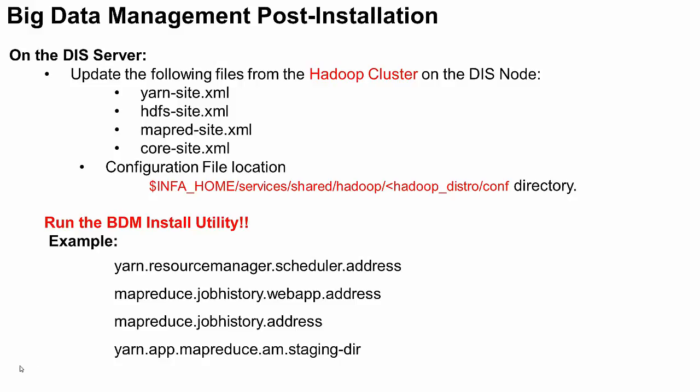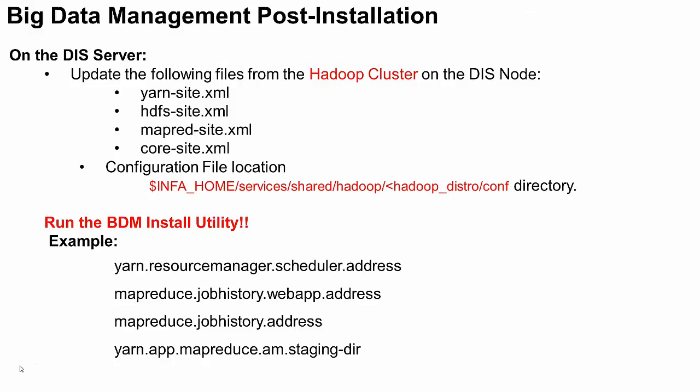But in 10.0, and in 10.1, we've added this BDM install utility, and this utility will go out to your Hadoop cluster and derive all of the properties that are required for Informatica to interact with the Hadoop cluster.